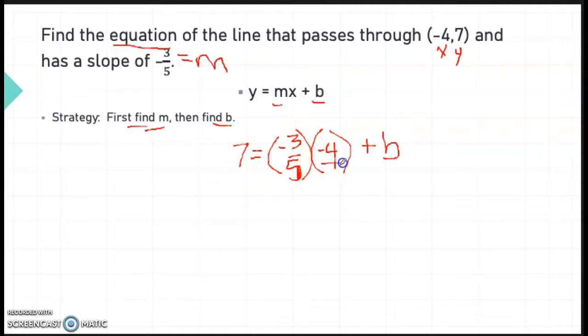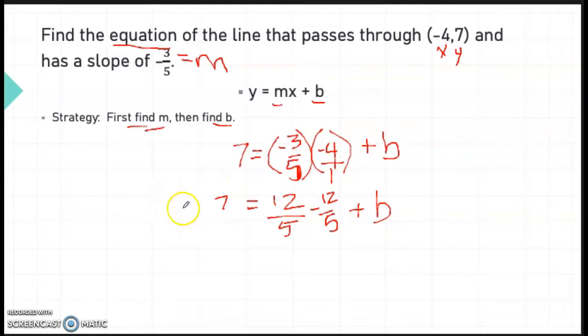I'm multiplying these fractions, so I put 4 over 1. These do not reduce, and so I have 7 equals negative 3 times negative 4 is positive 12, and then 5 times 1 is 5, plus b.